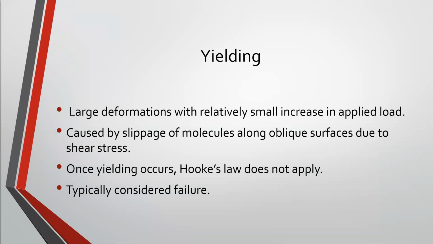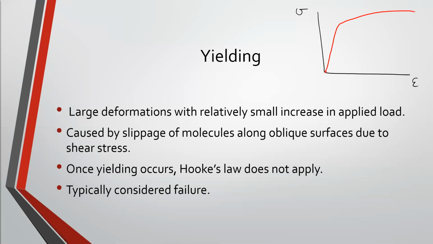So when we talk about yielding, let's first remember what yielding is. Yielding refers to large deformations with relatively small increases in applied load. So when we were dealing with uniaxial materials and we plotted our stress versus strain, our curve might have looked something like this, where in the beginning we had large increases of stress for little increases of strain, and in fact, the true slope should be much steeper than what I've drawn there.